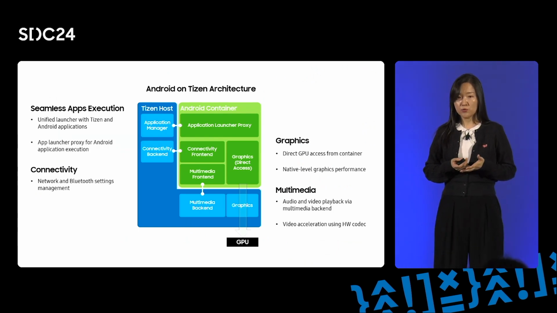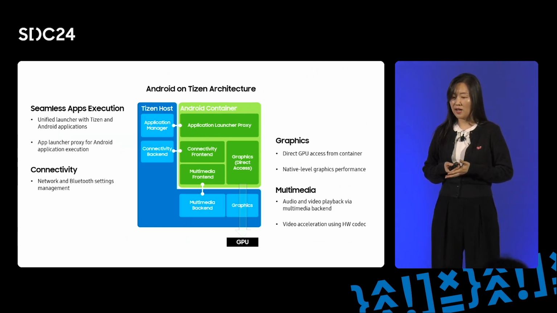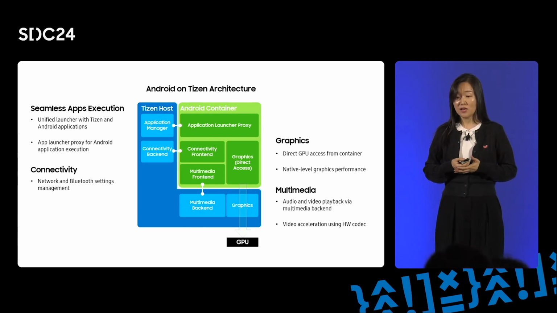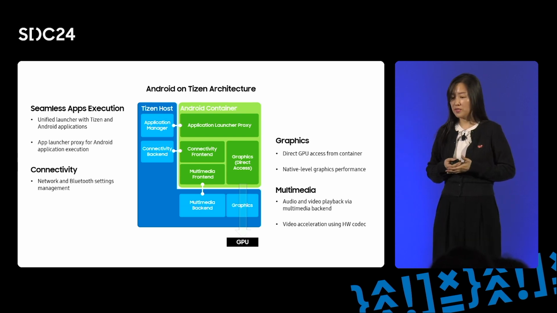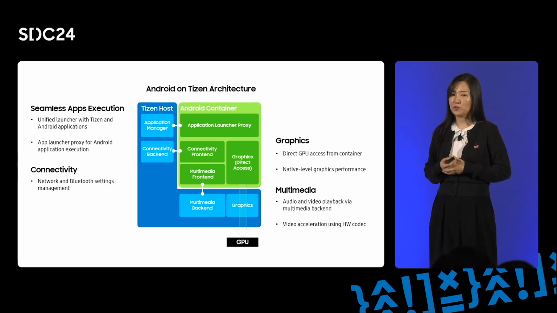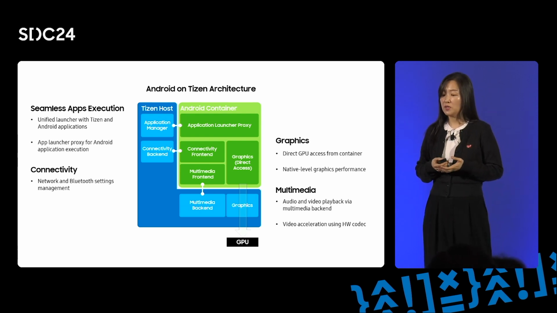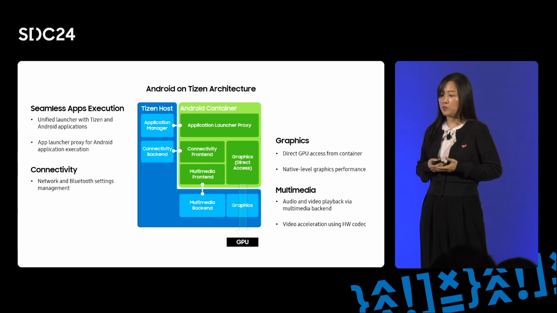To seamlessly run Android applications on Tizen, we execute an Android container on the Tizen host. Additionally, we've developed core component integration between both environments. To maximize graphics performance, we developed a GPU driver compatible with the Tizen graphics buffer.